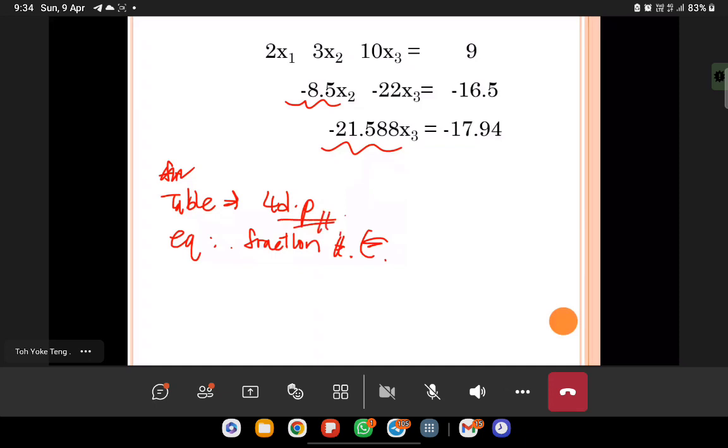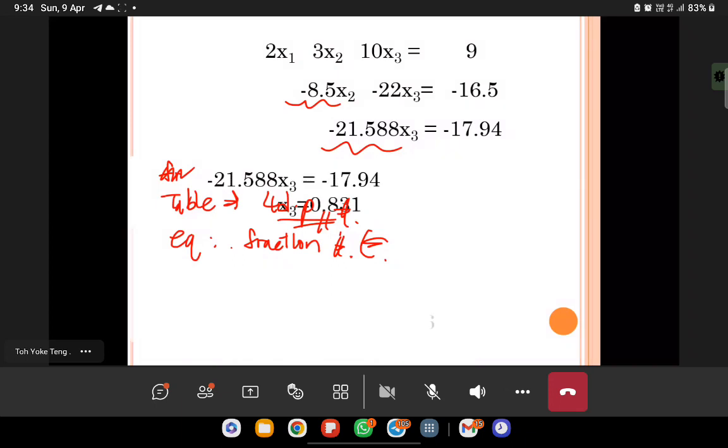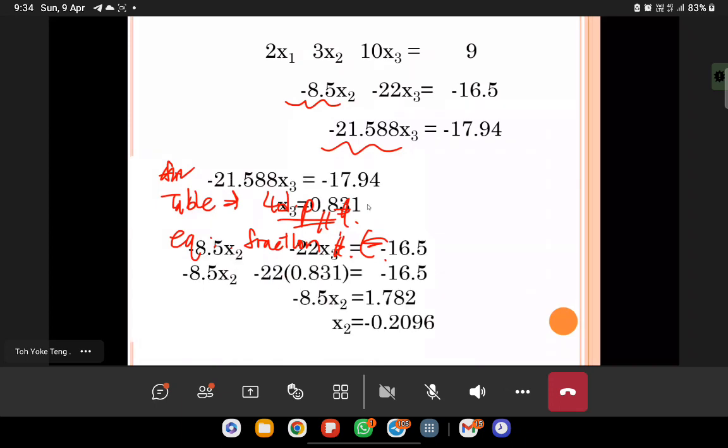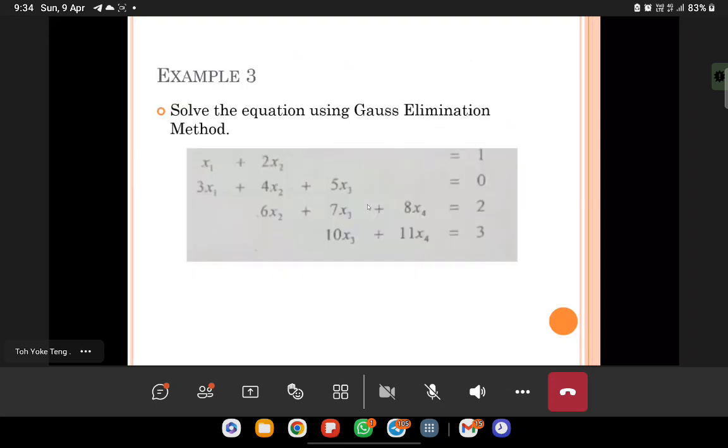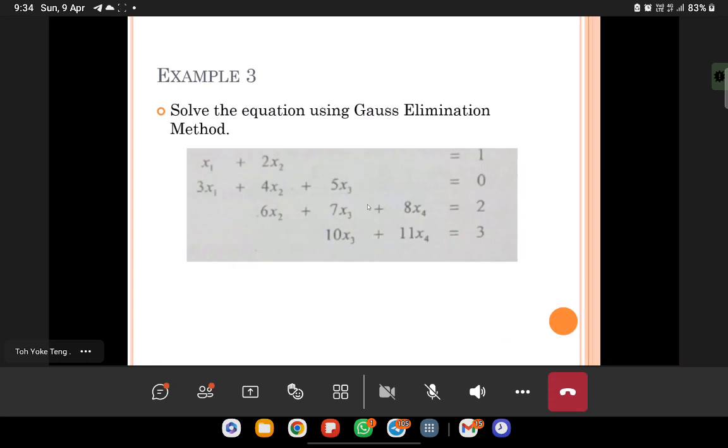If not, you just keep it in 4 decimal places. But for the table, normally I just write it in decimal places to make it consistent. Please pay attention to the decimal places. It's better to keep it in 4 decimal places if the question didn't mention it.